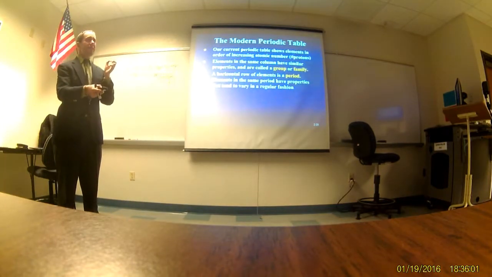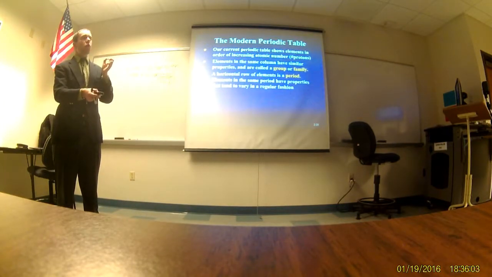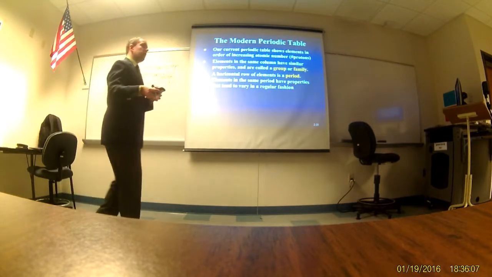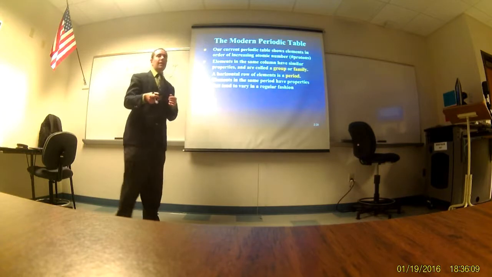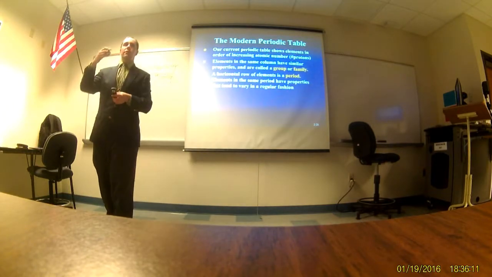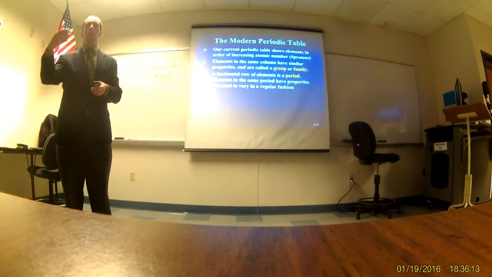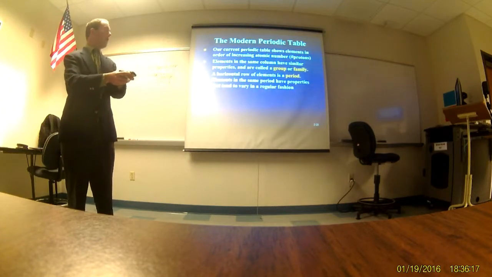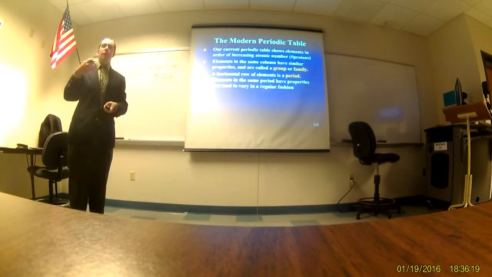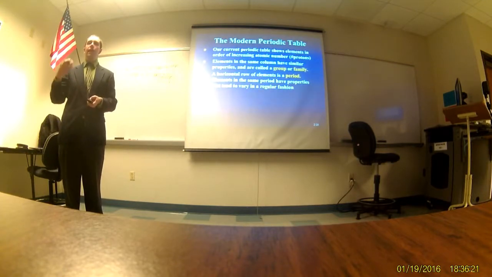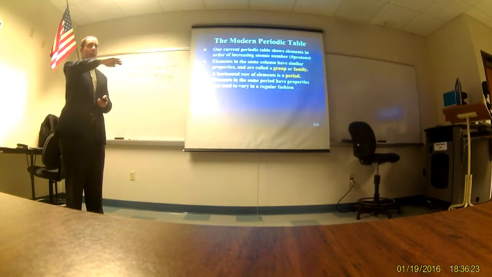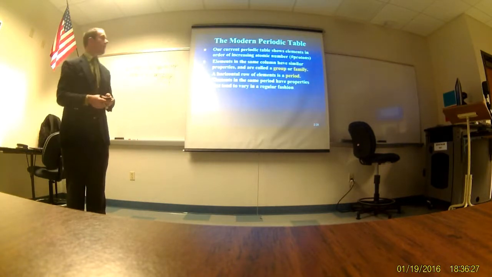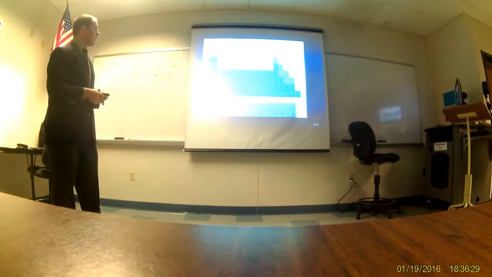The reason things are grouped as they are is because as you go from left to right, there are certain trends that happen over and over again, no matter which period you're in. These properties are periodic, meaning they happen again and again. That's why it's a periodic chart or periodic table.